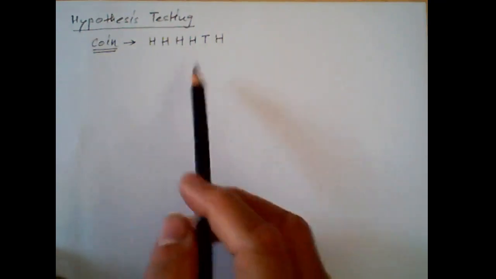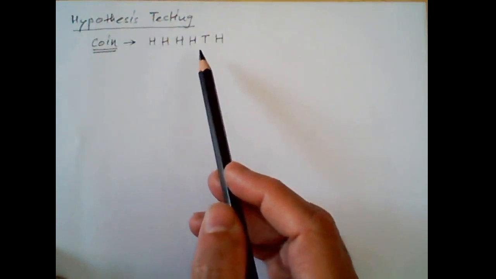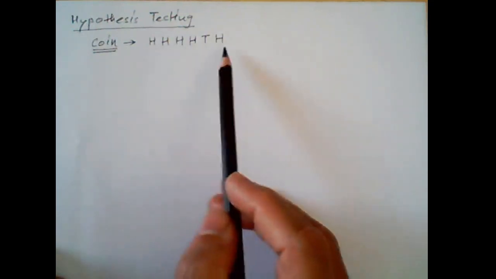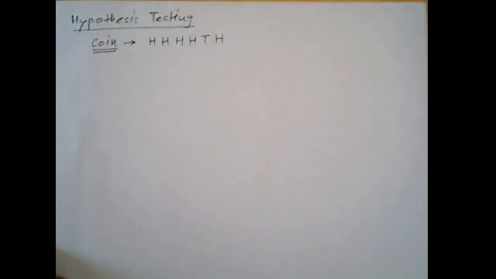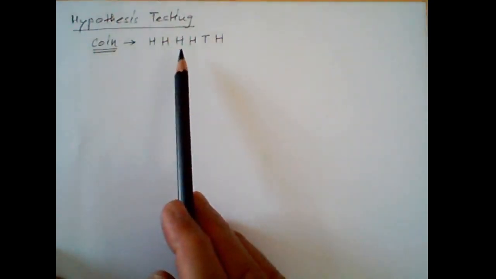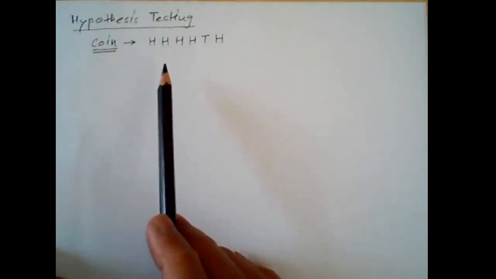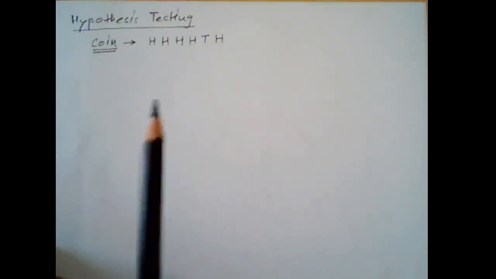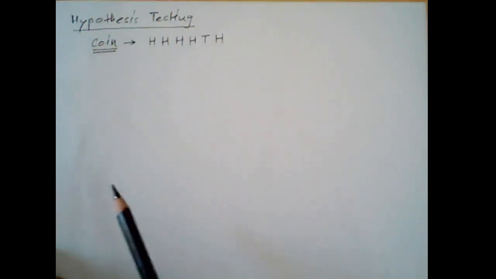I would still go ahead and believe that this coin is fair, and this extreme observation is just a chance event. It means that if you were to toss this coin again, you still believe that the probability of getting heads in the subsequent toss is going to be half.